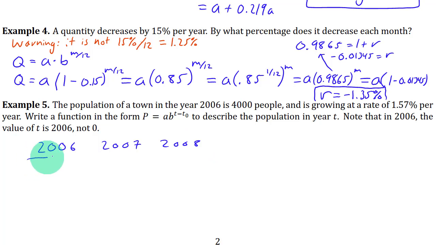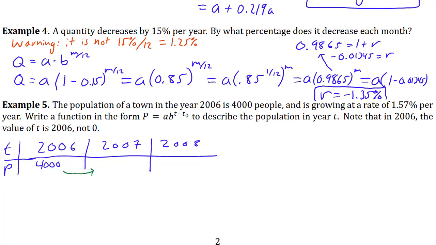So in the year 2006, P should be 4,000 people, where it starts at. And you can get that by doing 4,000 times something to the power 0. Let's see what that something is here. So if it's growing at a rate of 1.57%, then this should be getting multiplied by B, which is 1 plus r, which is 1 plus 0.0157.